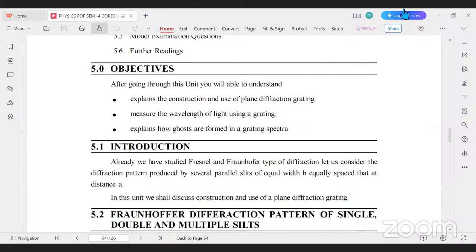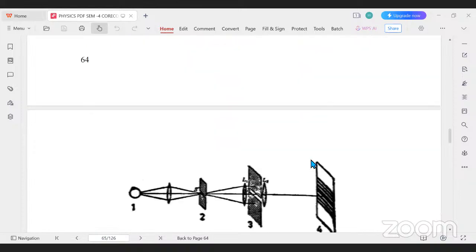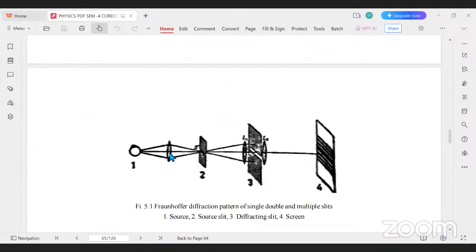The Fraunhofer diffraction pattern of single, double, and multiple slits is the experiment.